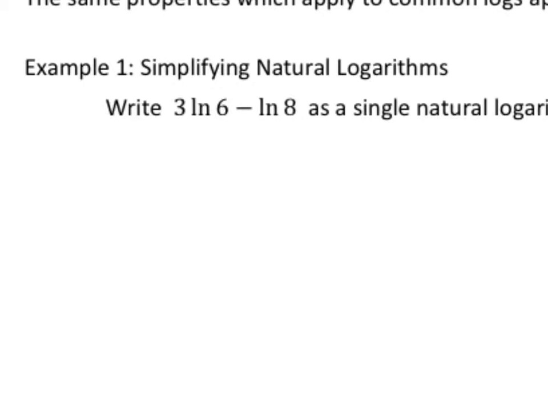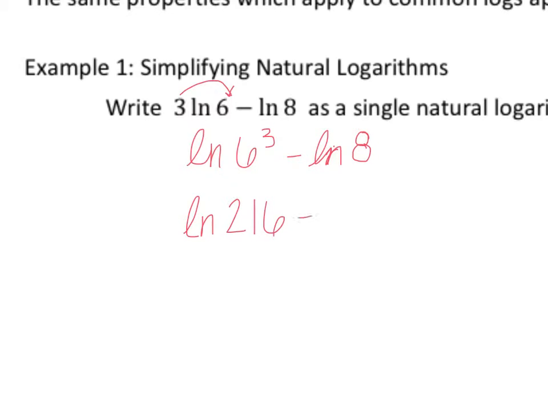Where do we move it? To the exponent. So we'll have natural log of 6 cubed minus natural log of 8. What's 6 cubed? 6 times 6 is 36, times 6 is 216.